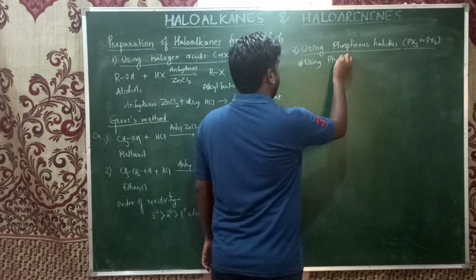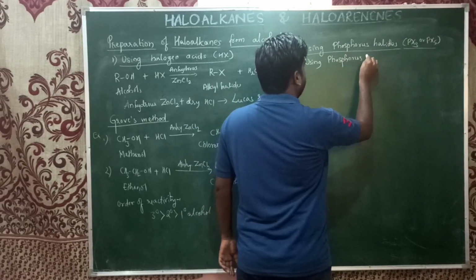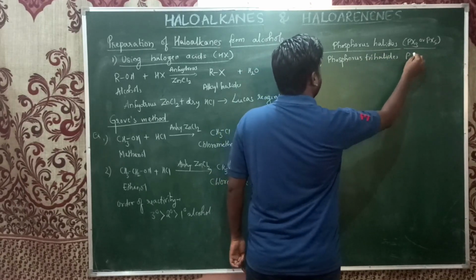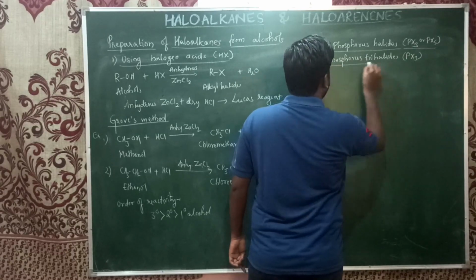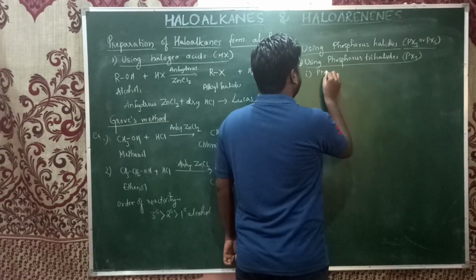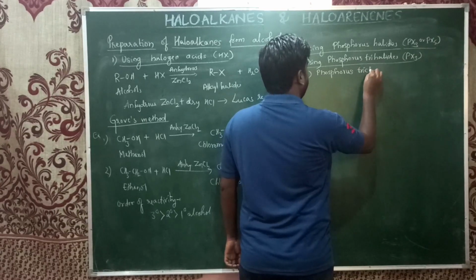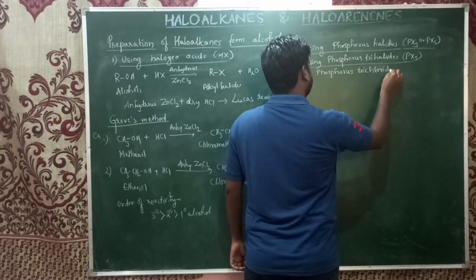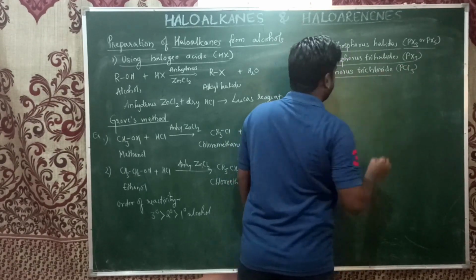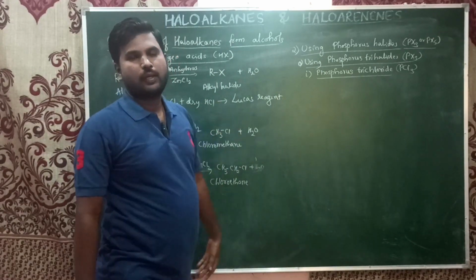The first one is using phosphorus trihalides, that is PX3. Our first reagent is phosphorus trichloride, PCl3. This phosphorus trichloride will convert alcohols into haloalkanes.